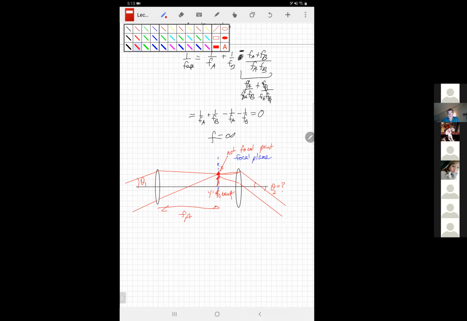Can we do 180 minus theta 1? Why would you guess that? Because the lines are parallel, and from congruent angles, they should be equal.